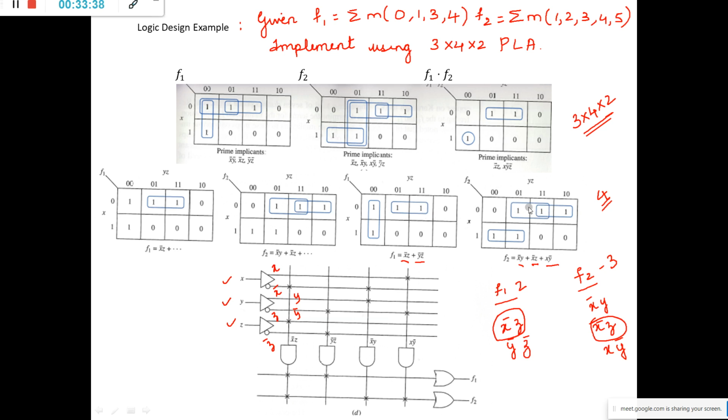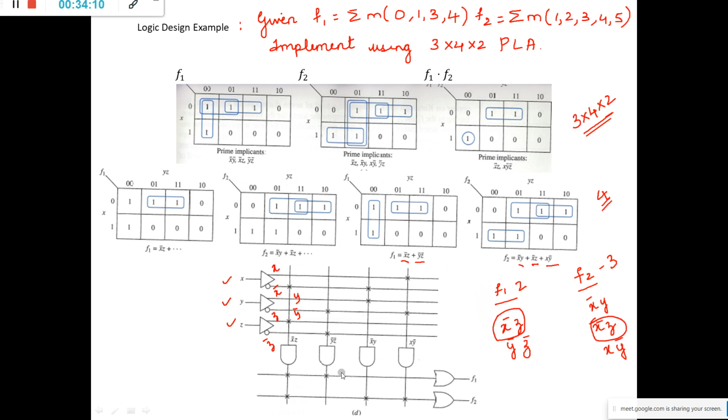So it will yield X bar Z. The X bar Z pair is common in both F1 and F2. You have to make pairs in such a way that you get 4 distinct product terms. How do you get them? Here X bar Z. Here Y bar Z bar. Next here X bar Y. Next here X Y bar. In this way you will realize these 4 product terms.